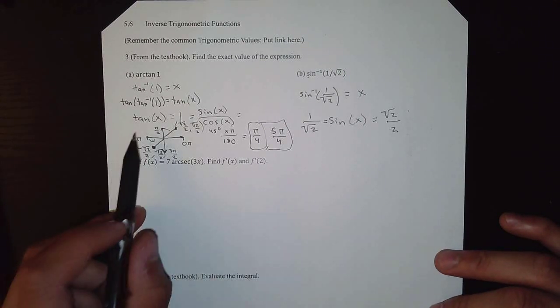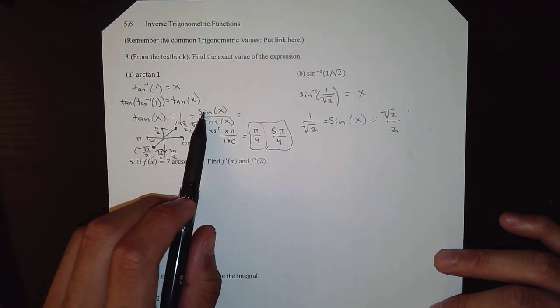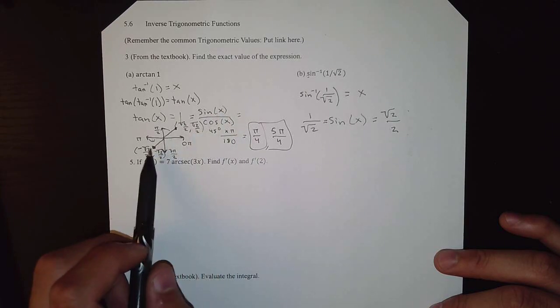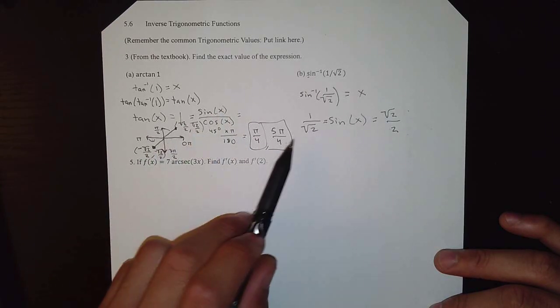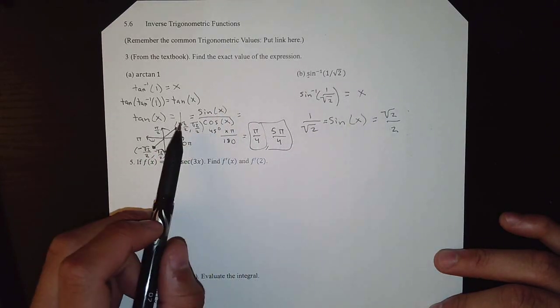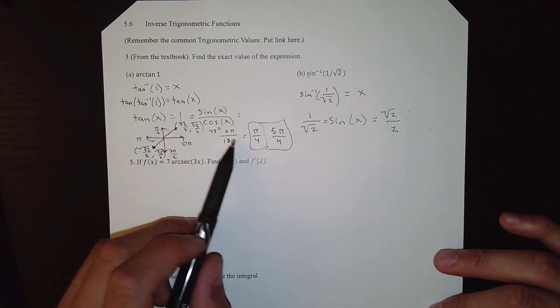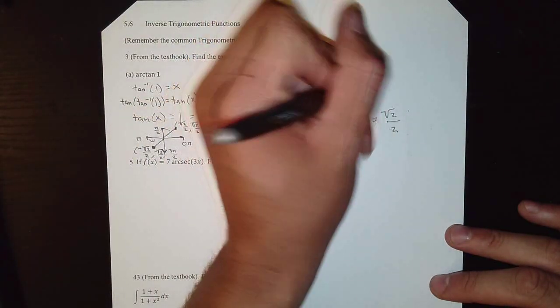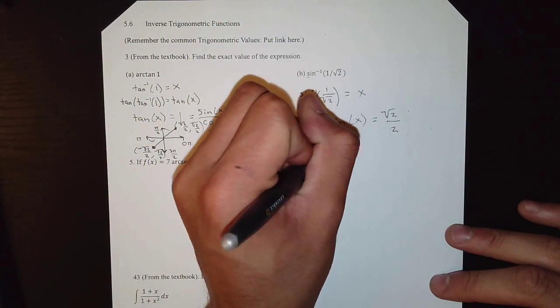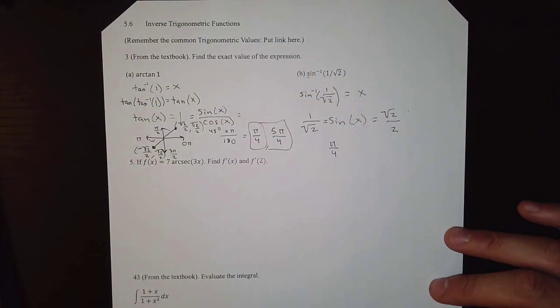And if we observe from the previous problem, sine of x equals the square root of 2 divided by 2. Well, that's true in quadrant 1 at this 45 degrees, or at pi divided by 4. So pi divided by 4 would also be an answer for this one.